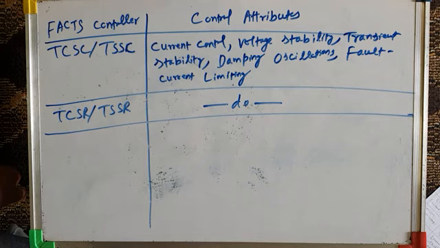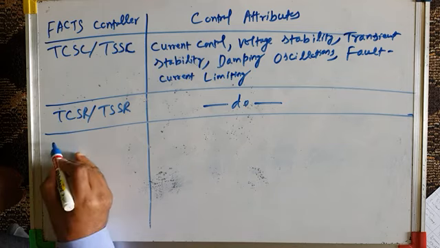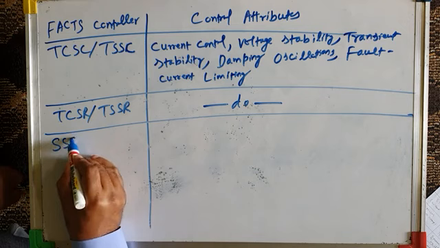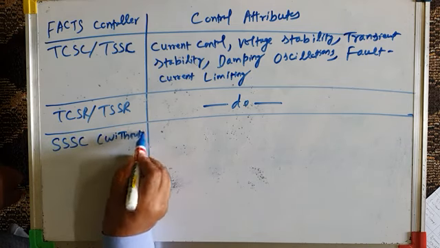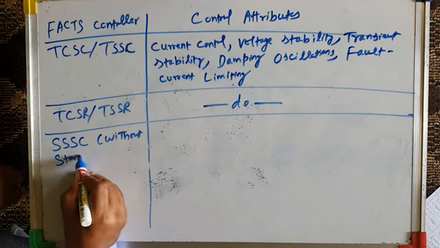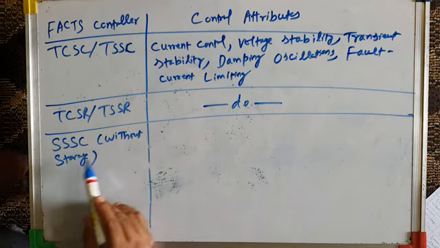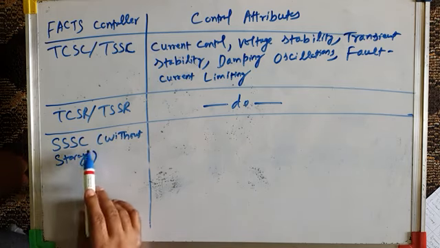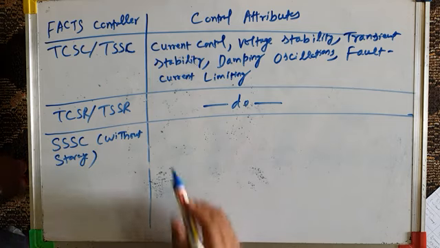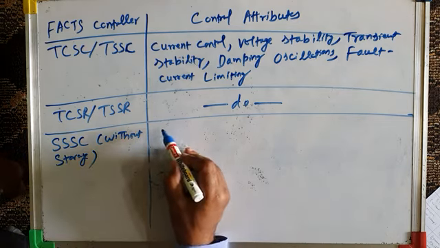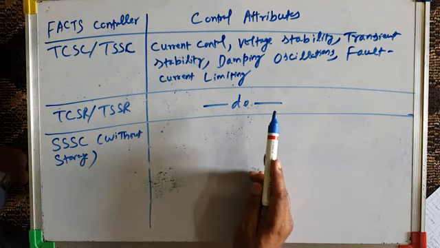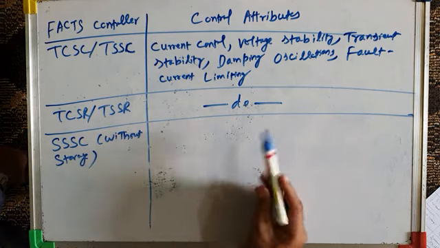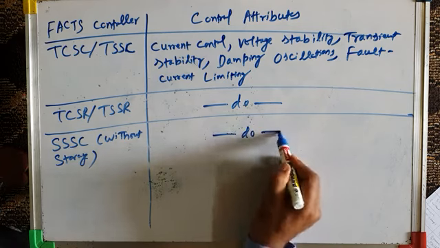What about the converter based series controller, that is SSSC, static synchronous series compensator? First of all, we will have it without storage. If you have a converter based series FACTS controller, which is also called SSSC, its control attributes are the same: current control, voltage stability, transient stability improvement, damping oscillations. So same attributes, right?